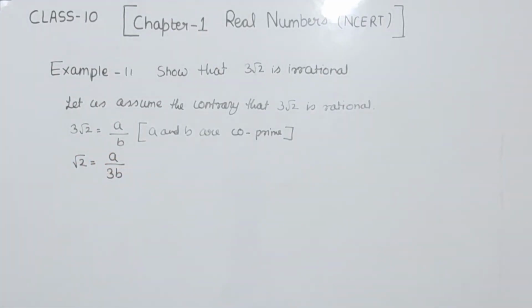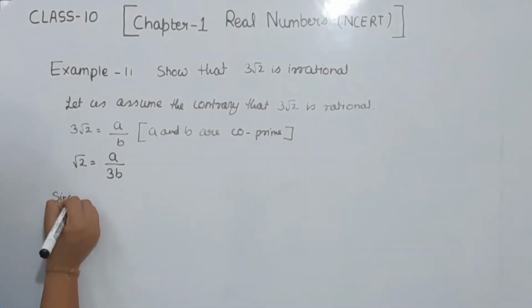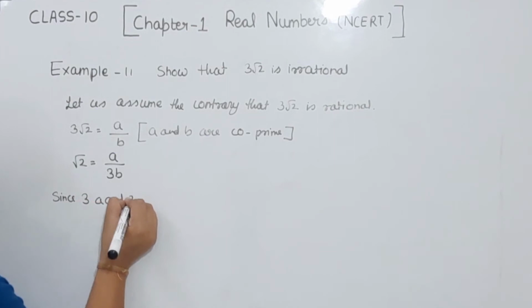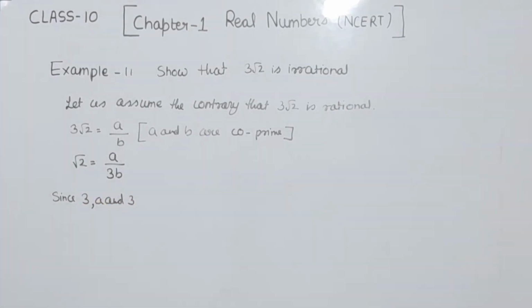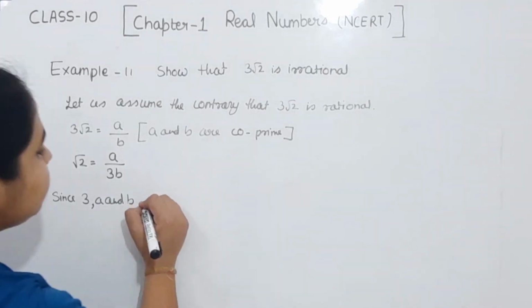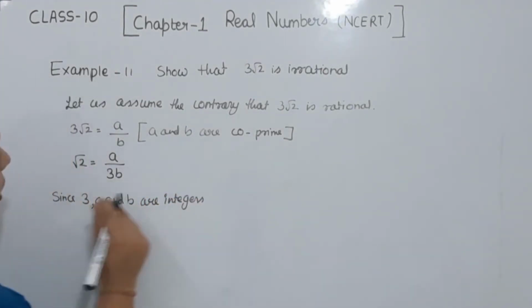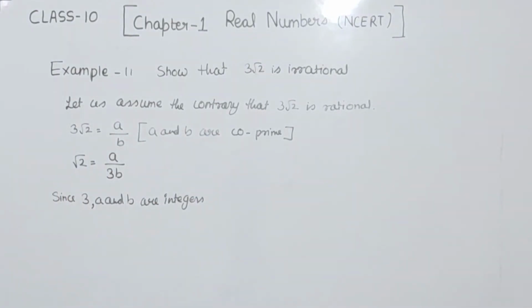Since 3 and a and b are integers, 3b is an integer too.